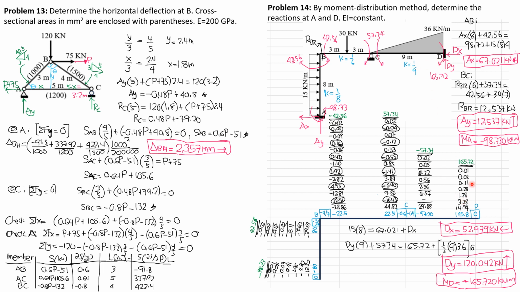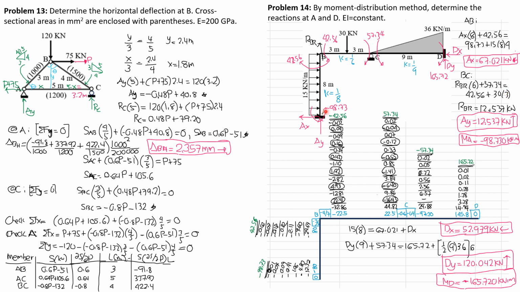DC positive, 165.72, so clockwise. So again, considering BC, summation moment C equals 0, RB right times 6 plus 57.34 equals 42.56 plus 30 times 3. So RB right is 12.537. As I said, it is also AY. So AY is 12.537 kilonewtons upward.